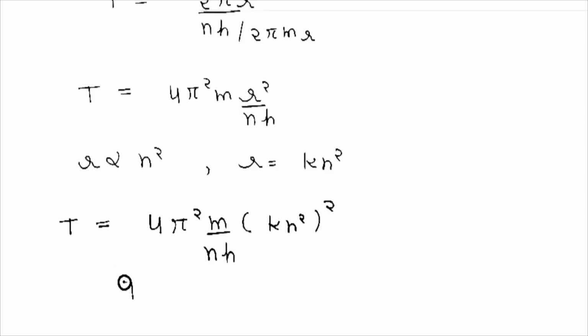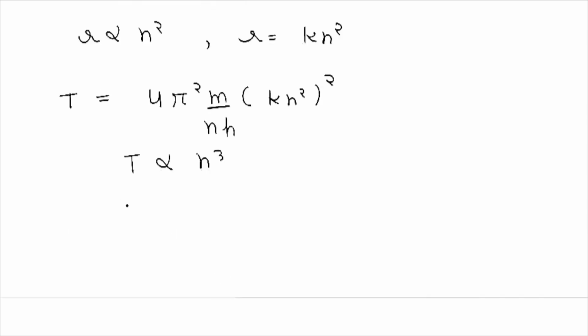So T is directly proportional to n³, and T1 by T2 equals, for T1 the value of n is n1 cubed, and for T2 it is n2 cubed.